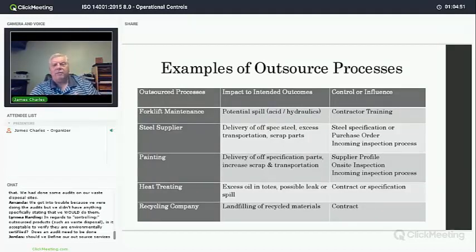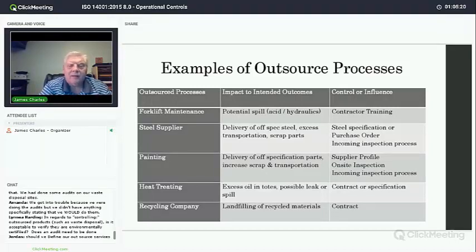So how do we control or influence our steel supplier? Well, we may have a specific steel specification. This could be reflected on our purchase order. Our quality program may have an incoming inspection process. So again, there's the outsourced process, the impact to our program, and our degree of control or influence.